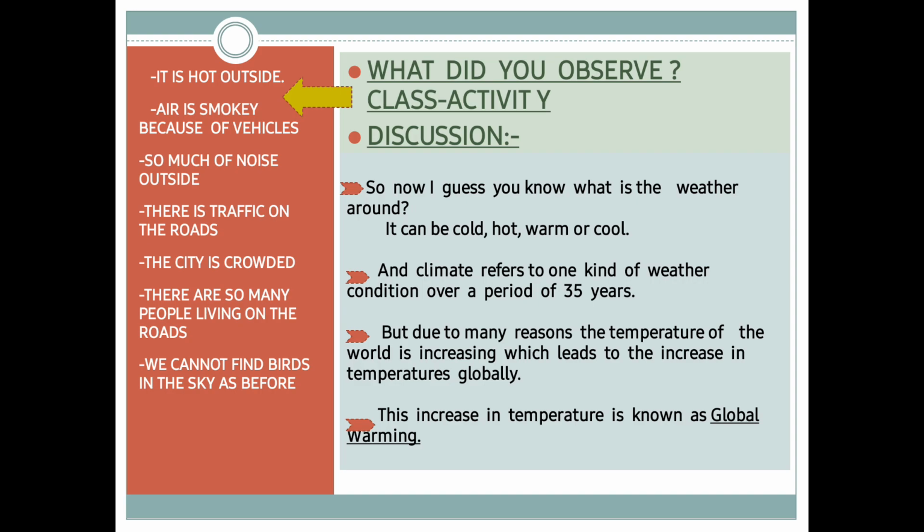Sometimes it is so cool outside, still the sun shines and we are getting heat waves. So all these changes are going on, and I'm talking about only one day. So the increase in temperature due to reasons, for example pollution, etc., that's causing the temperatures to exceed the normal range is known as global warming.